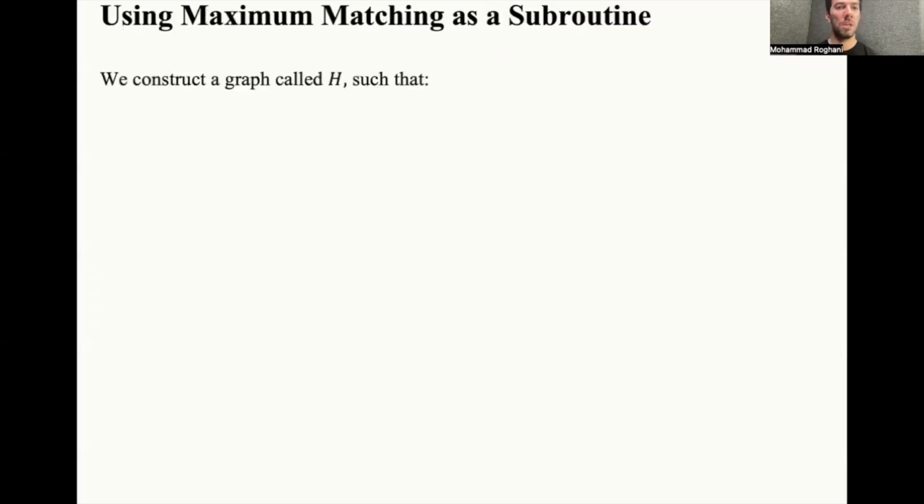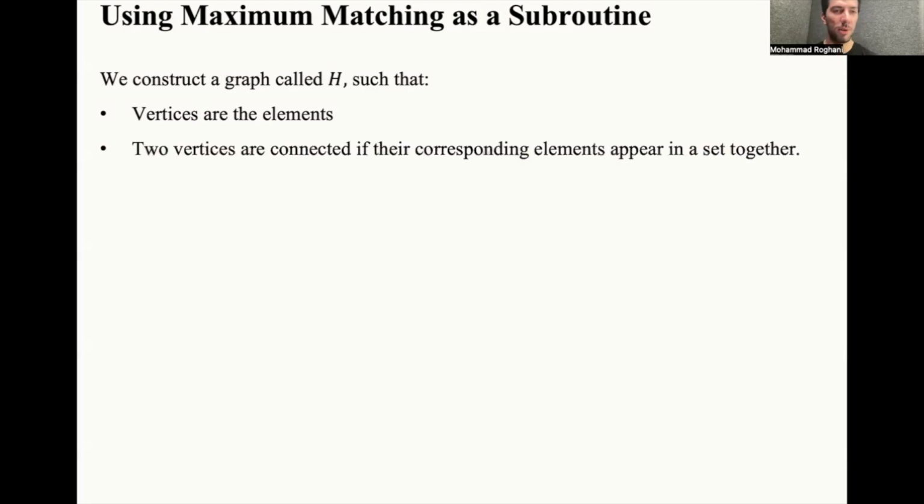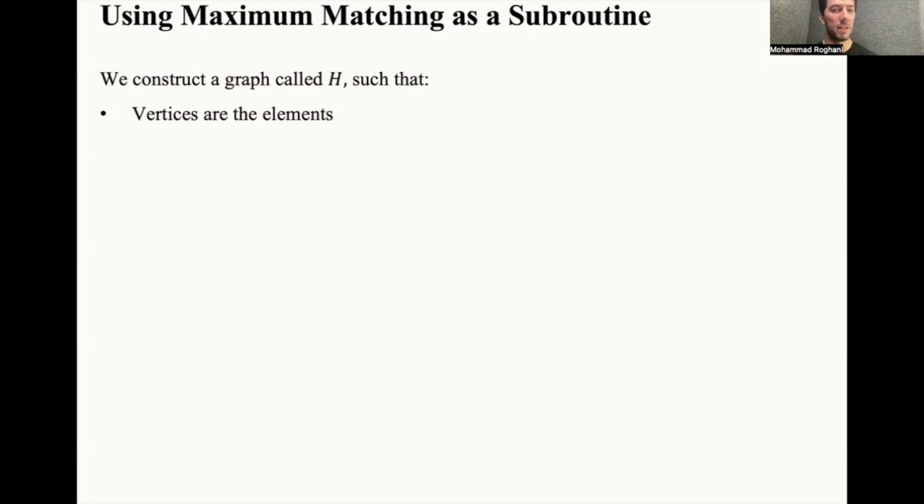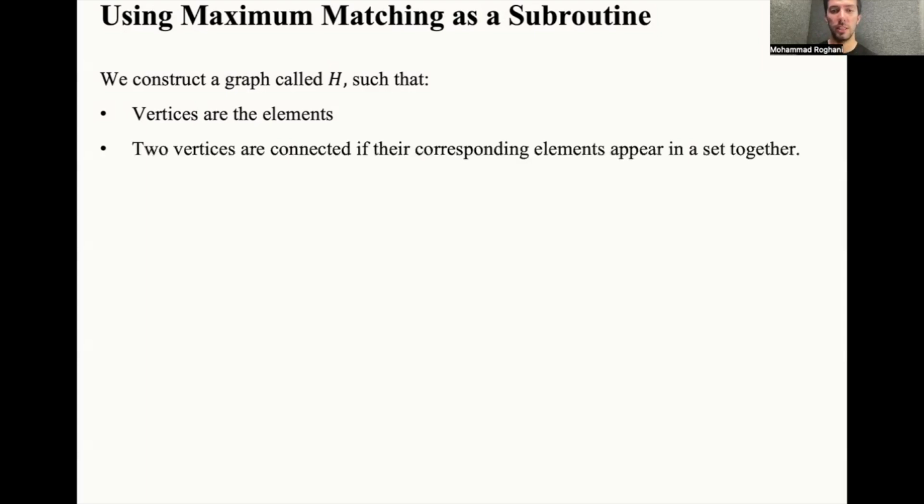So now we construct a graph called H. It's an auxiliary graph that we use as a proxy to solve our problem. Suppose that the vertices of this graph H are the elements, and two vertices are connected if their corresponding elements appear in a set together.